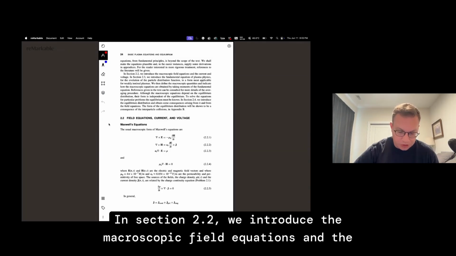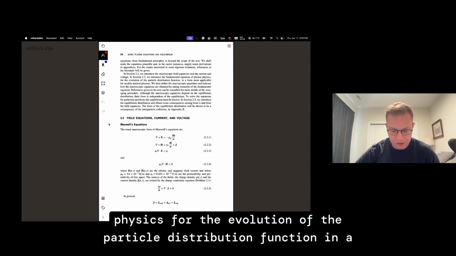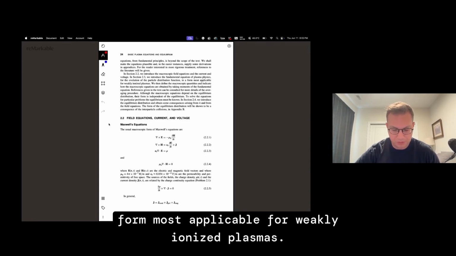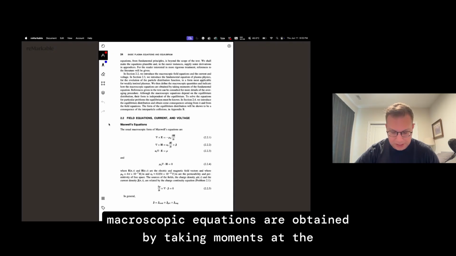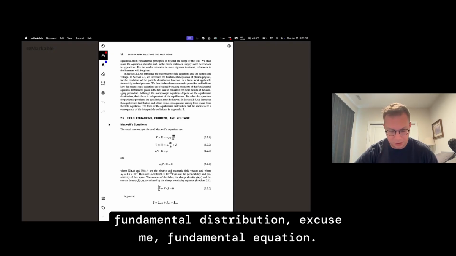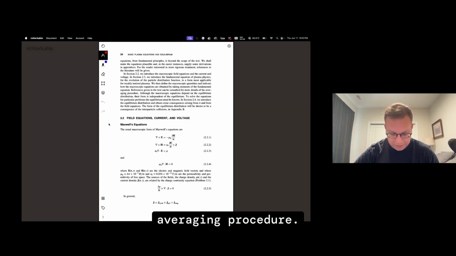In section 2.2, we introduce the macroscopic field equations and the current and voltage. In section 2.3, we introduce the fundamental equation of plasma physics for the evolution of the particle distribution function in a form most applicable for weakly ionized plasmas. We then define the macroscopic quantities and indicate how the macroscopic equations are obtained by taking moments of the fundamental equation. References given in the text can be consulted for more details of the averaging procedure.